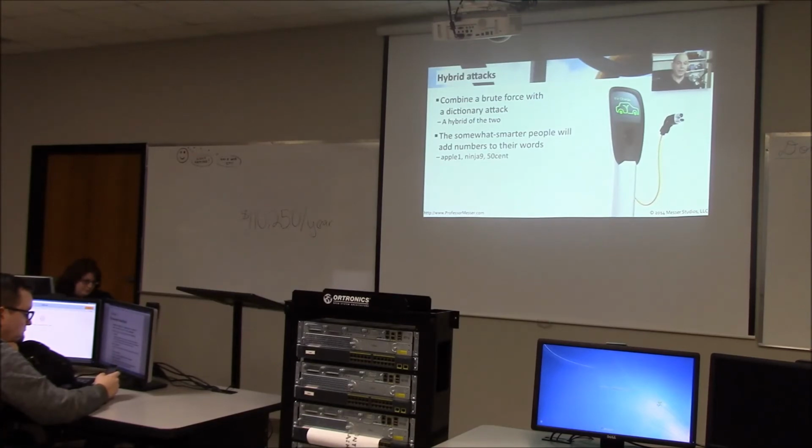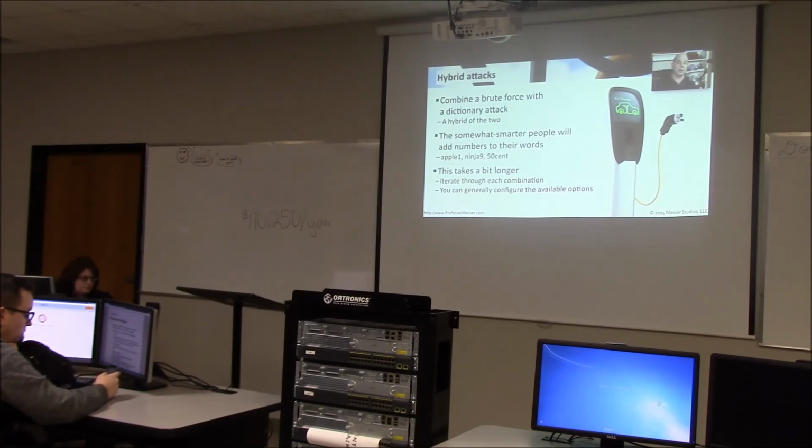And the bad guys recognize that you're going to do this. So there are options in their brute forcing programs where they can use a dictionary, but change it and add numbers to the end. Replace the letter I with the number 1 to see if perhaps you're doing the same thing with your password. This is obviously going to take a little bit more time. You have to try one dictionary word and then many different iterations of that dictionary word.